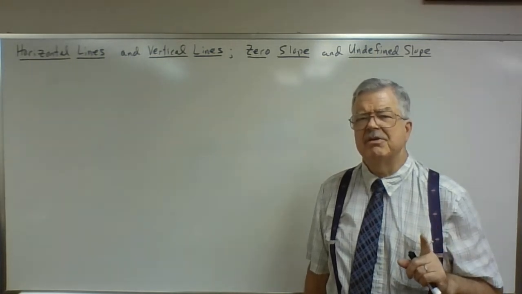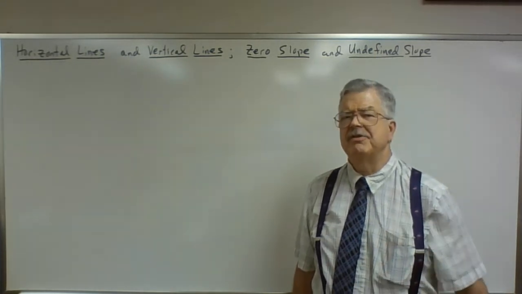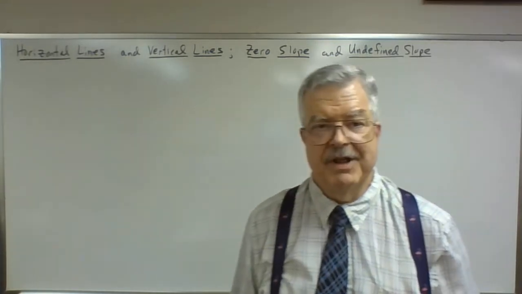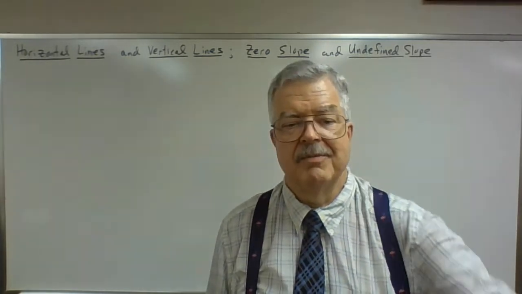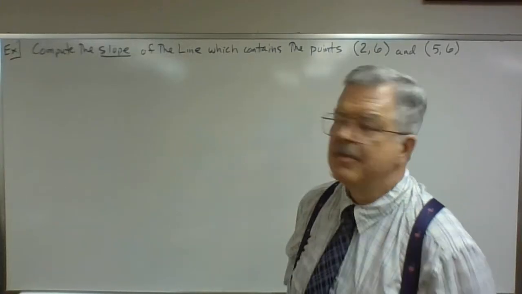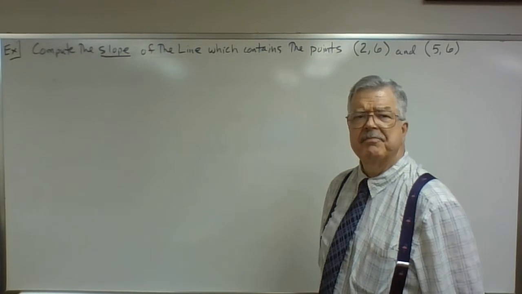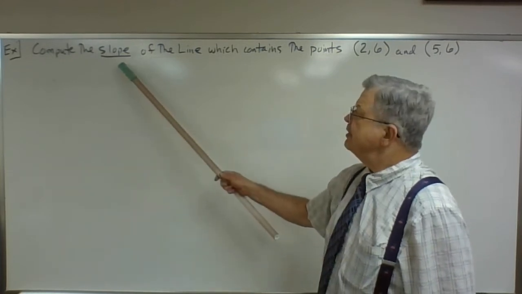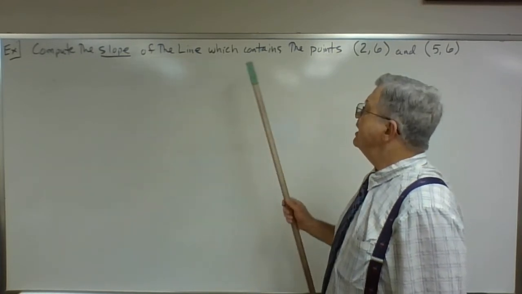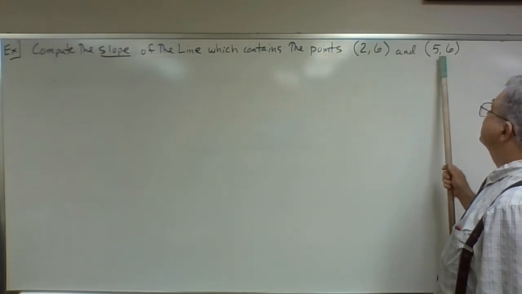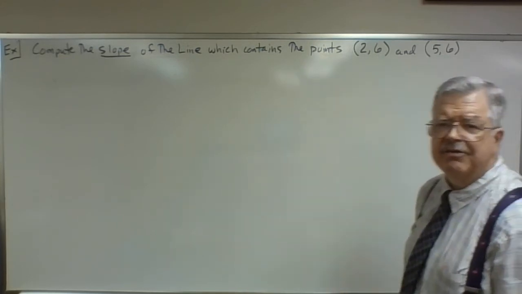let's take a look at an example that we saw in the previous video, part 1. This is the example that I'm talking about, and it asked us to compute the slope of the line which contains the points (2, 6) and (5, 6).